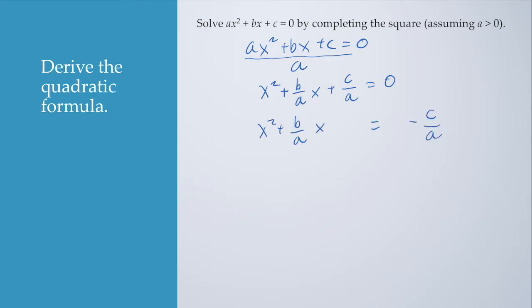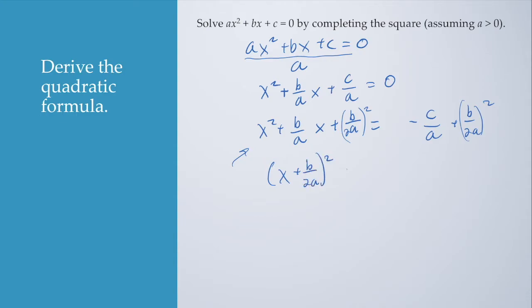And then what I'm going to do is add my middle term divided by 2, squared. This left-hand side is going to factor perfectly to x plus b over 2a, squared.